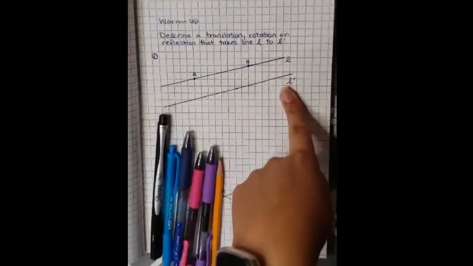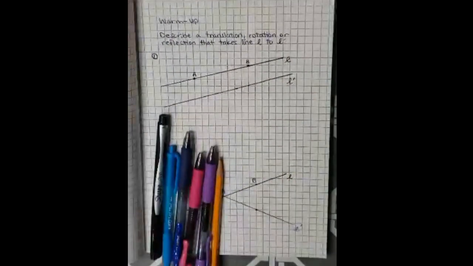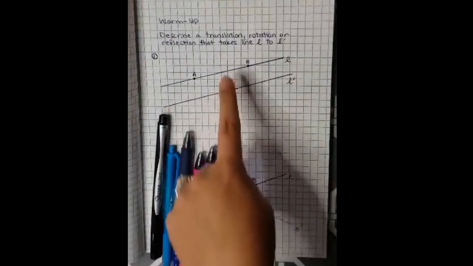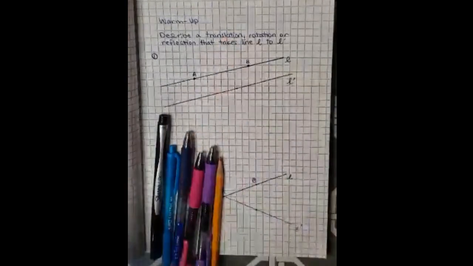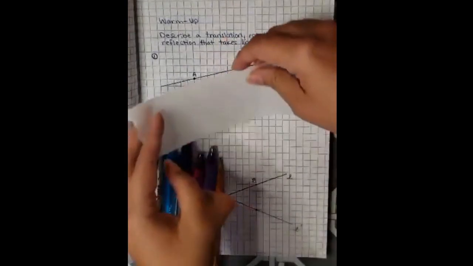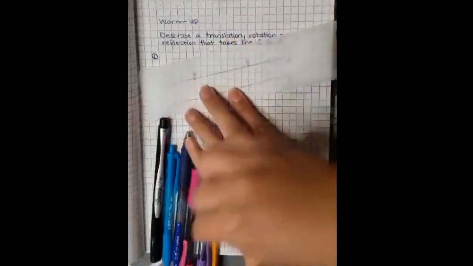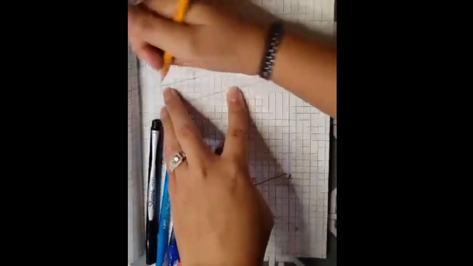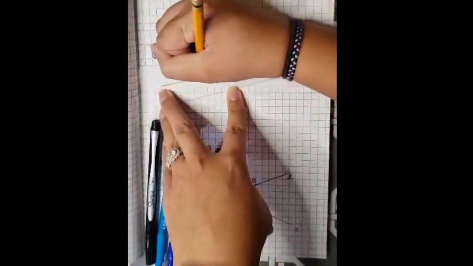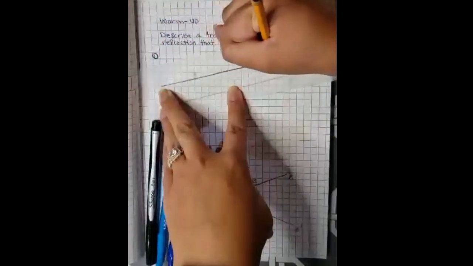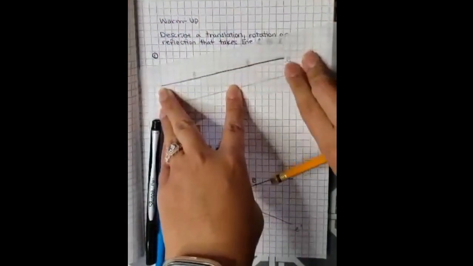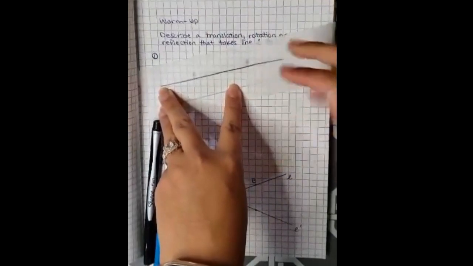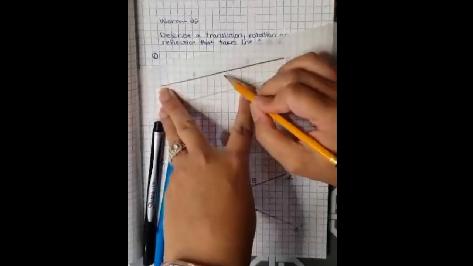Good job. Actually, they all will. If I were to choose this, I would say translation. So what I would do, I would take my tracing paper, I would trace my line L, and I would translate it down. So I'd have to count the number of boxes that I need to go down.